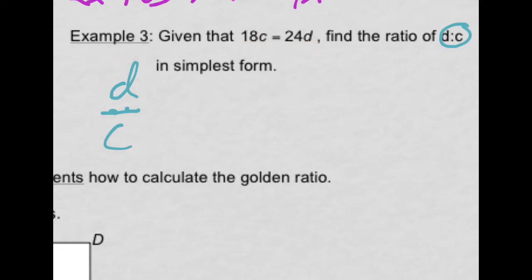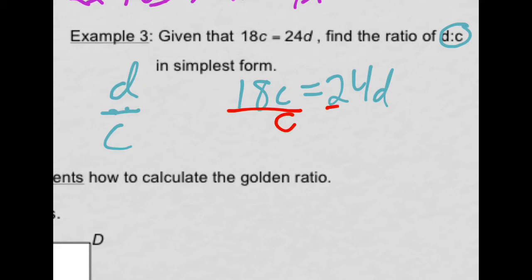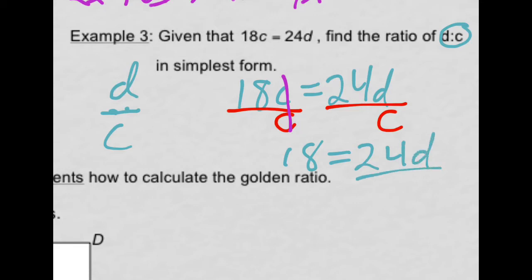So we'll start with 18c equals 24d, right? Once again, I want the d to be on top and the c to be on bottom, so I'm just going to divide both sides by c, right? Now I've got my d on top and my c on bottom. Of course, my c's cancel out, and I'm just left with 18 equals 24d over c.